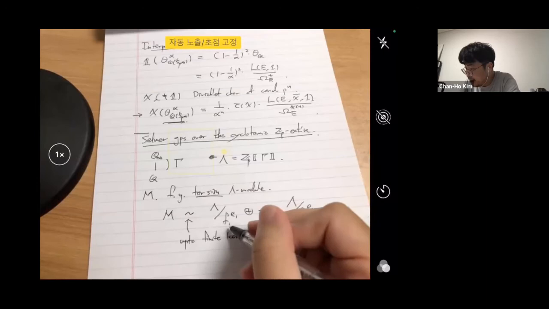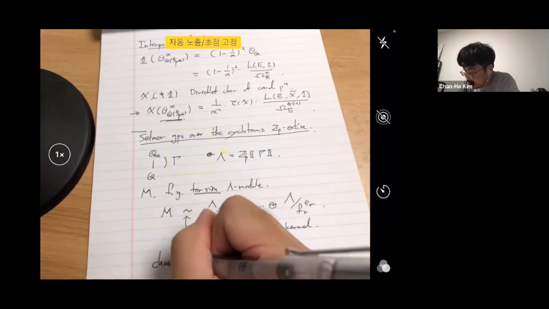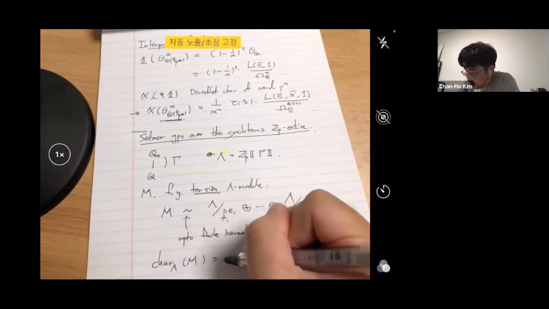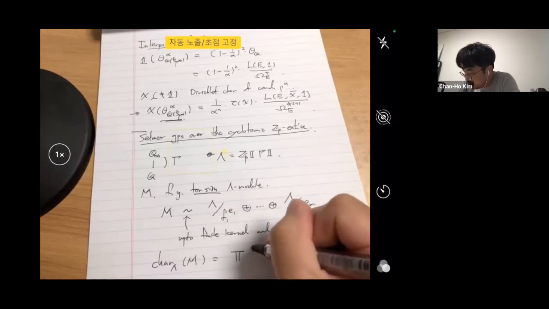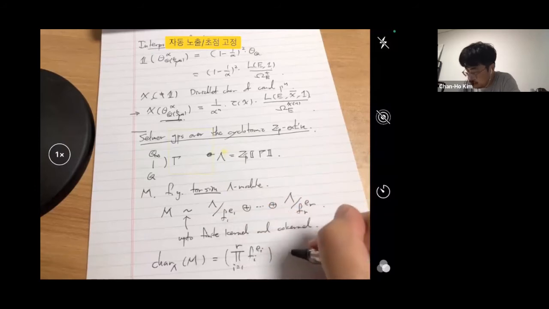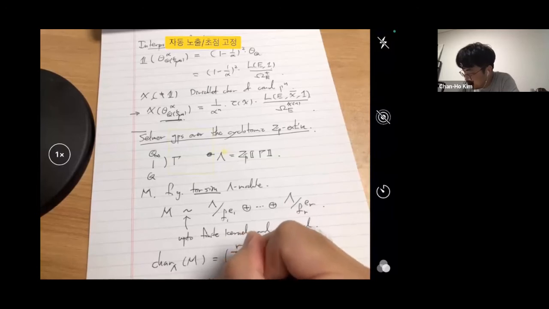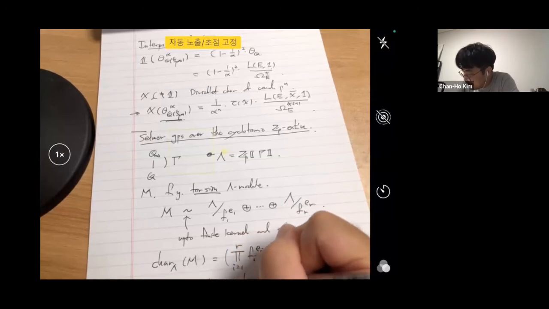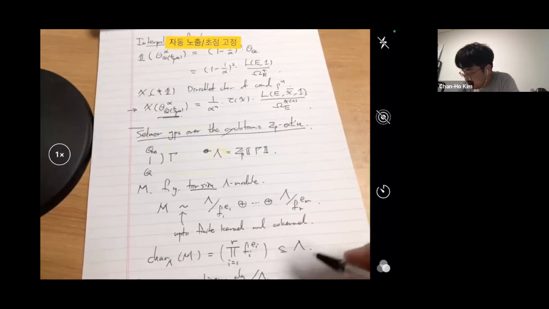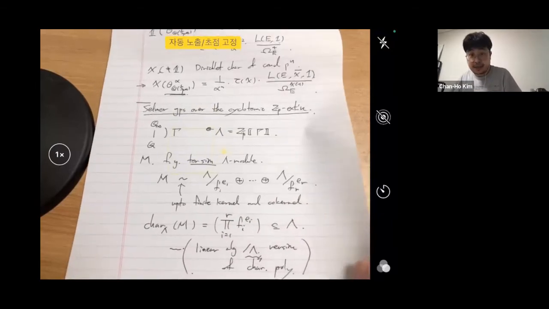And all these F_i to the E_i are determined by M. So the characteristic ideal is the product of all these divisors. So it's kind of the linear algebra over lambda, the Iwasawa algebra, which is not a PID, version of the characteristic polynomial.